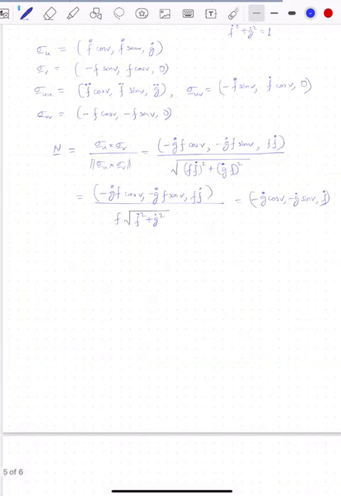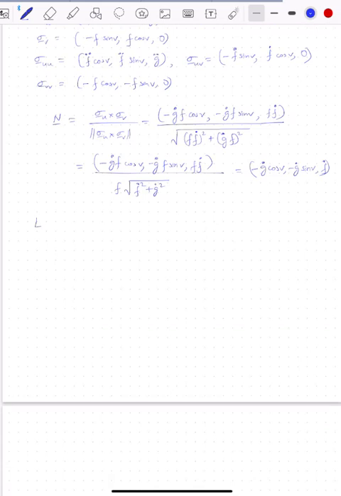Okay. Now we need to determine those coefficients. L is equal to sigma uu dot n, and this is equal to minus f double dot g dot cosine squared v minus f double dot g dot sine squared v plus f dot g double dot.